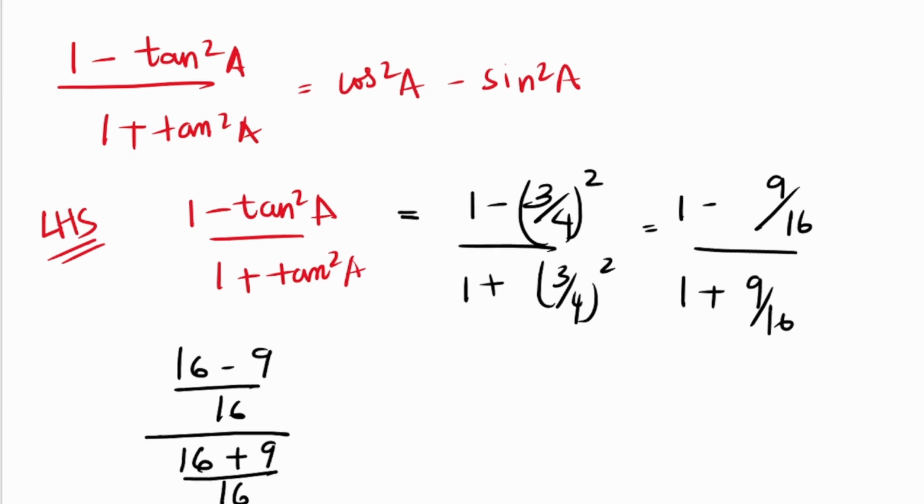You can cancel off 16 and 16. 16 minus 9 is 7, and 16 plus 9 is 25. So you get 7 by 25 as the LHS.